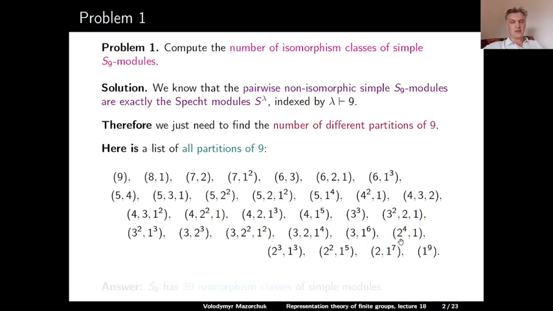Then for the maximal part 2, we have 2, 2, 2, 2, 1; 2, 2, 2, 1, 1, 1; 2, 2 and 5 ones; 2 and 7 ones. And finally, we have one partition for which the maximal part is 1, namely 9 ones. If we put all this together, we see that S9 has exactly 30 isomorphism classes of simple modules.